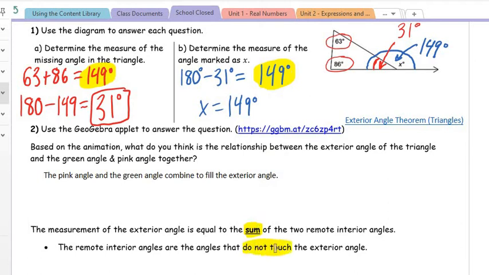Coming back up to the model we used here, the remote interior angles were 63 and 86. Notice when we added those angles together, it wound up equaling the exterior angle. We just solved it a little bit longer in number 1 to show you this is where it comes from, but now we can use the exterior angle theorem shortcut.